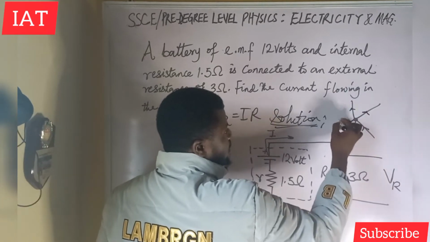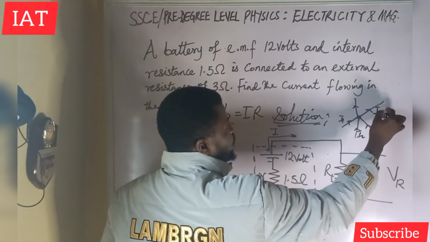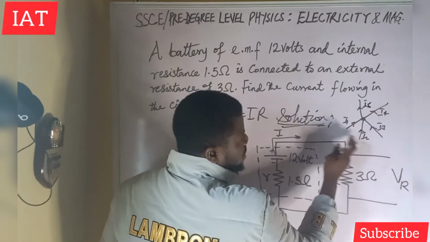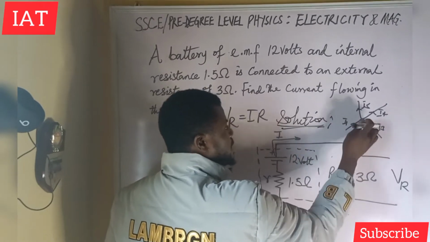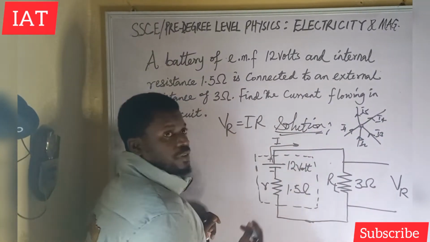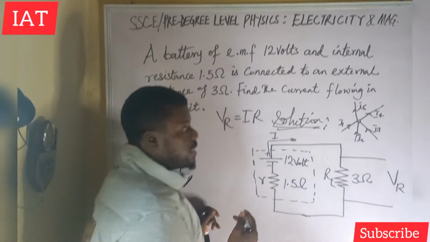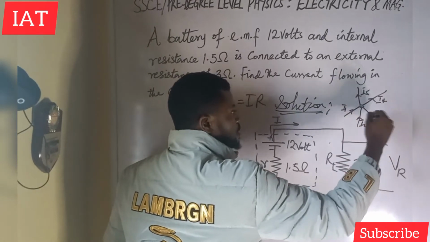This is I1, I2, I3, I4, and I5. You can see the indication of the arrows. These 3 indicate that the currents are entering this source, and these 2 indicate that the currents are leaving. So Kirchhoff's current law states that the algebraic sum of these currents is equal to 0.